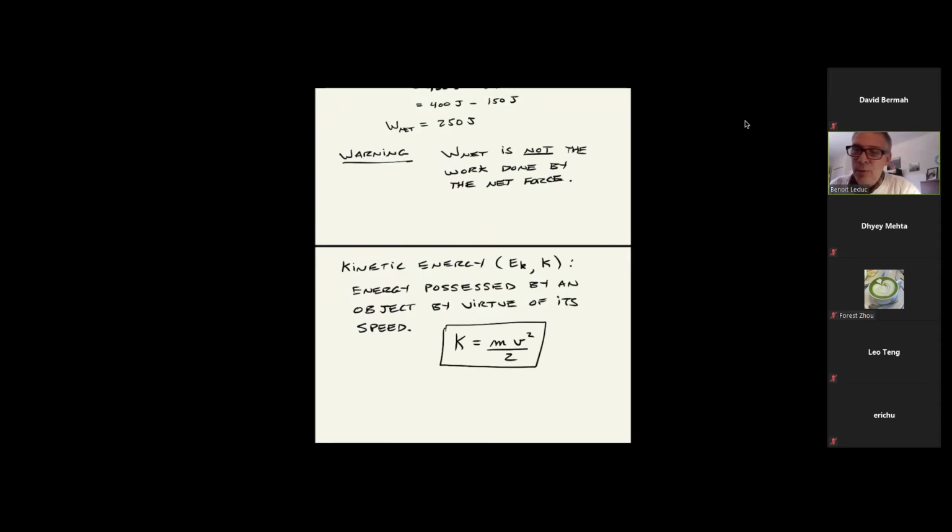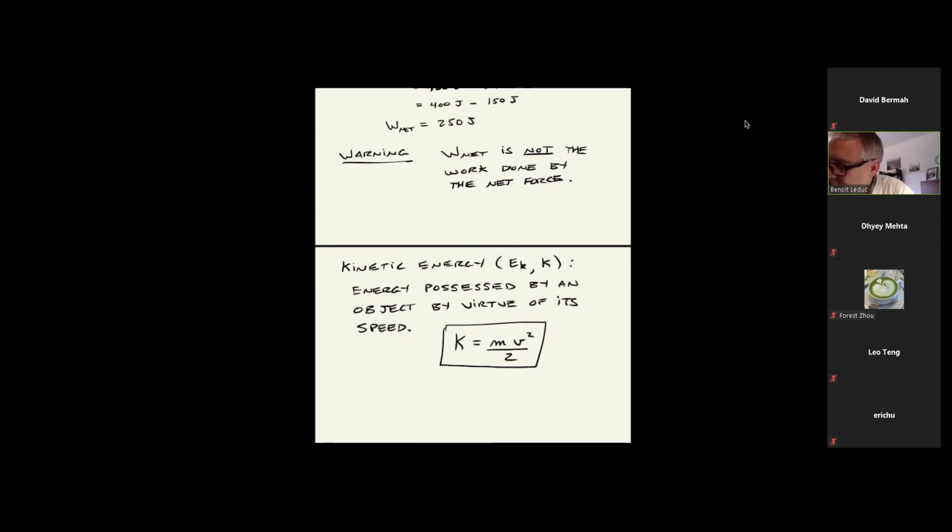Now I'm going to let you verify that if you put the units in, you're going to have kilogram meter squared per second squared. I'll put it here, but you don't have to write it down.